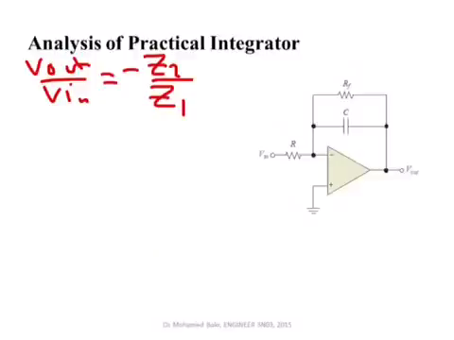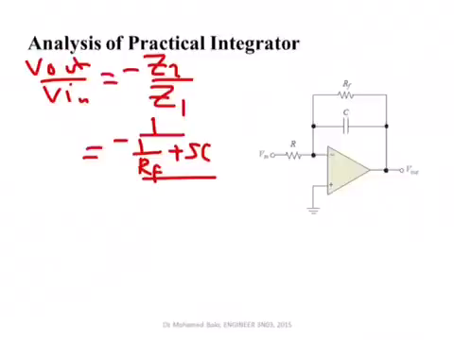Z2 is simply the resistor in parallel with the capacitor. So I can write this in a more compact form as minus 1 over, we have to put these two in parallel, so 1 over RF plus SC, and this is all divided by Z1, which is R.